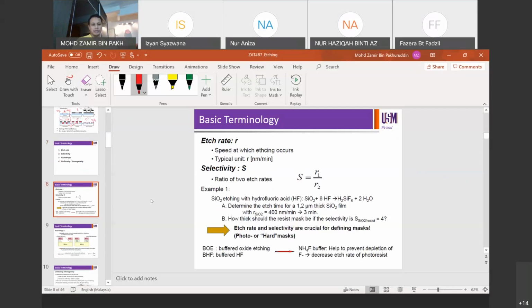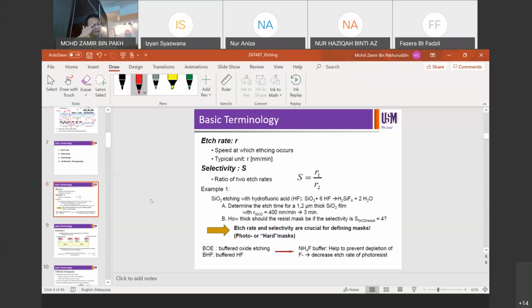Etch rate is the speed at which etching occurs. That means how much material, which can be silicon, resist, oxide, nitride, or metals, is removed in a certain period of time. The typical unit is nanometer per minute. If the removal is much larger, for example microns per minute, then your etch rate can also be in microns per minute.